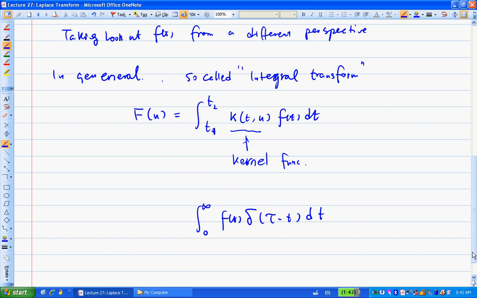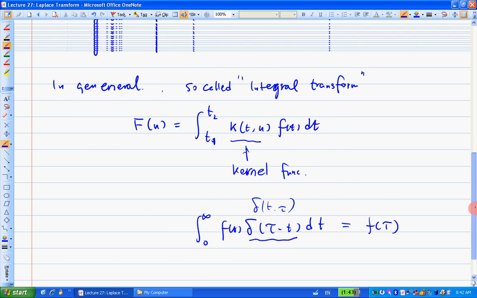If you compare this with that one, this is kind of a kernel function here. The delta function is even, so this is the same as t minus tau, then f of t exists only at t equal to tau. So overall, this is equal to f of tau, right? So this is a transform basically, and this is called the identity transform.